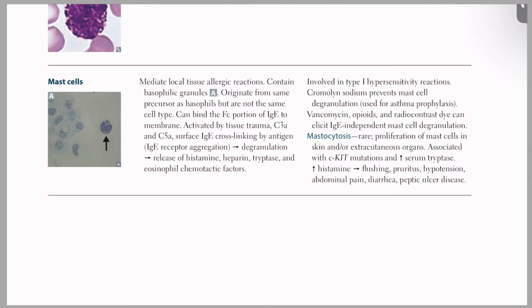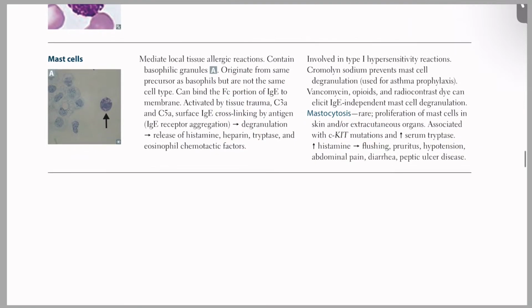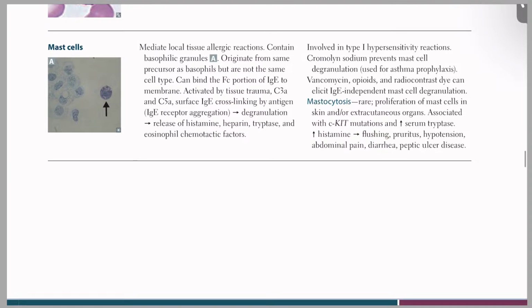Mast cells mediate local tissue allergic reactions, contain basophilic granules, shown in image A, originate from same precursor as basophils but are not the same cell type. Can bind Fc portion of IgE to membrane, activated by tissue trauma, C3a and C5a, surface IgE cross-linking by antigen.